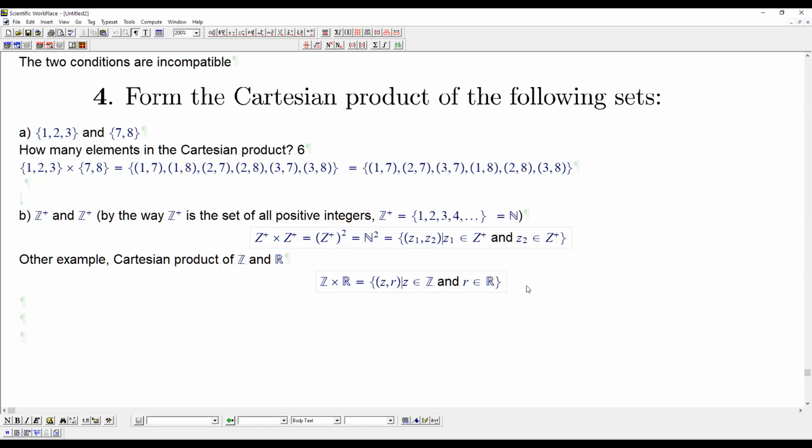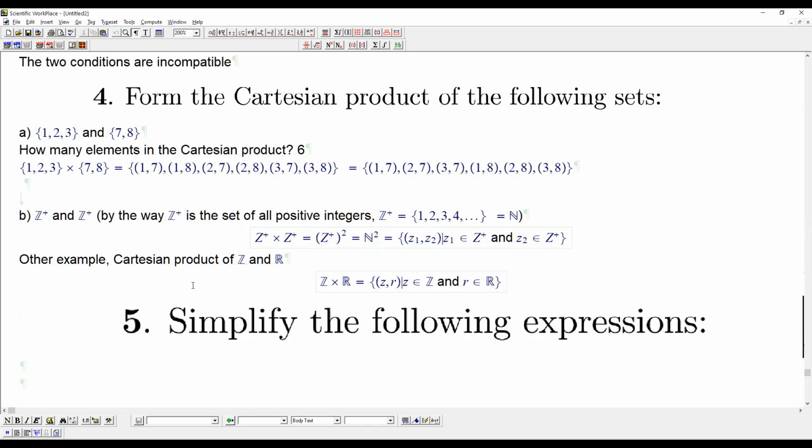All right, so let's finish briefly with the last question. Simplify the following expressions.